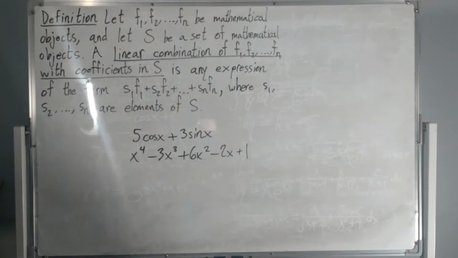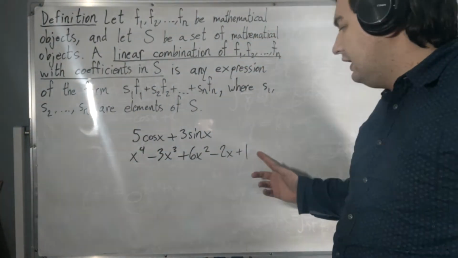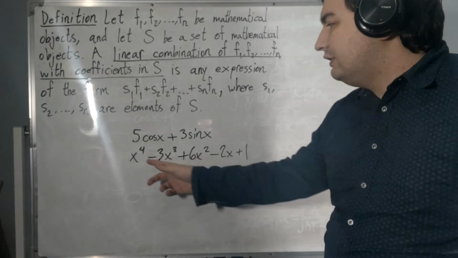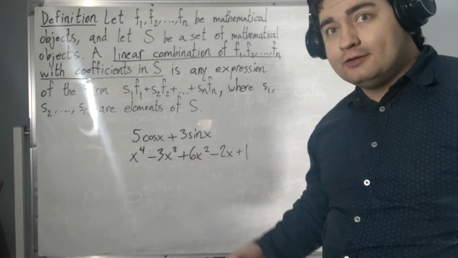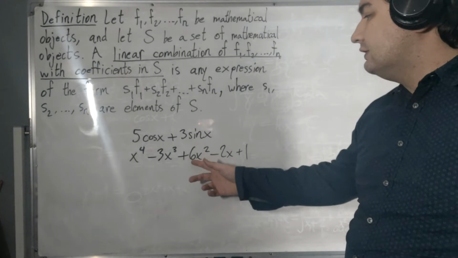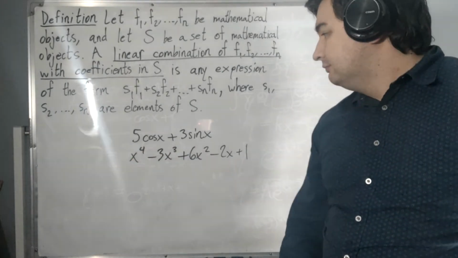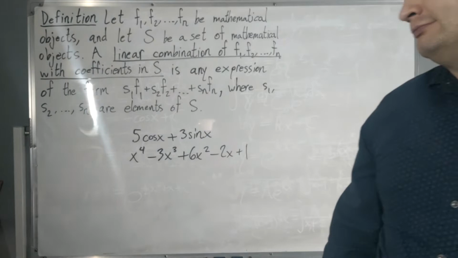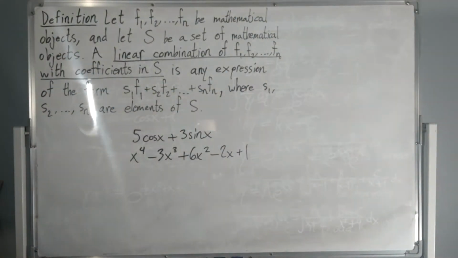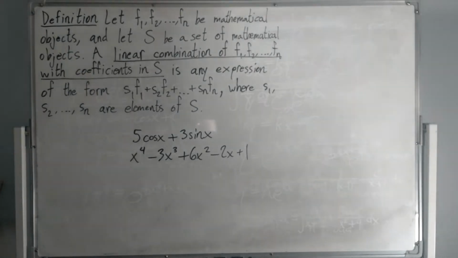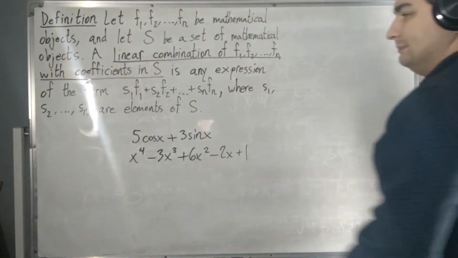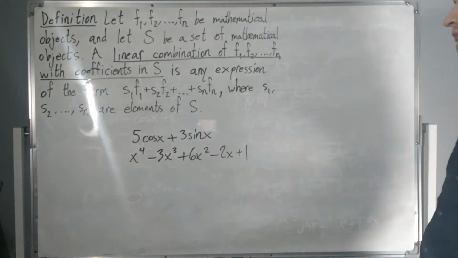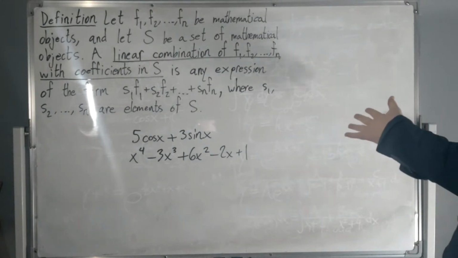That would be a linear combination of powers of x with constant coefficients, because x to the 0, x to the 1, x squared, x cubed, and x fourth are all powers of x. And these coefficients are all constants: 1, 6, negative 3, and so on. And in fact, every polynomial is a linear combination of powers of x.